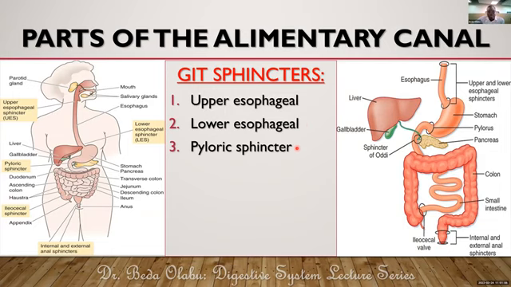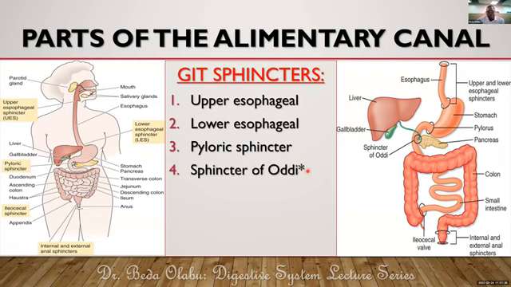The pyloric sphincter is at the junction between the stomach and the duodenum. It controls gastric emptying. The stomach is a store, yes, but the pyloric sphincter releases food slowly through the sphincter to the duodenum.